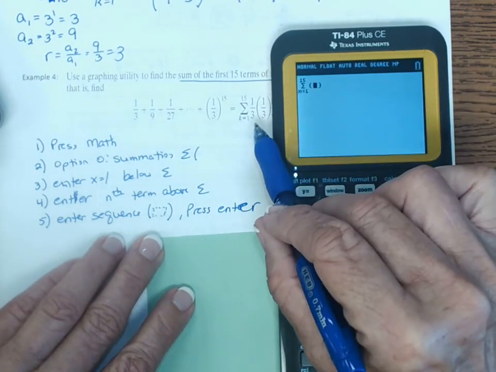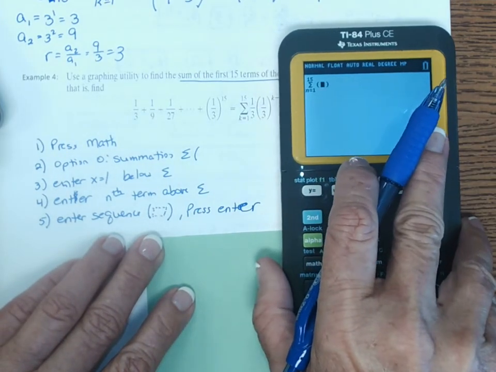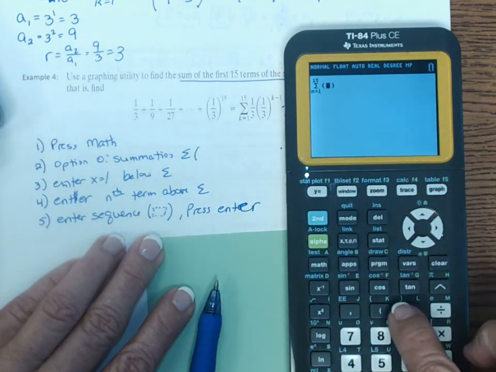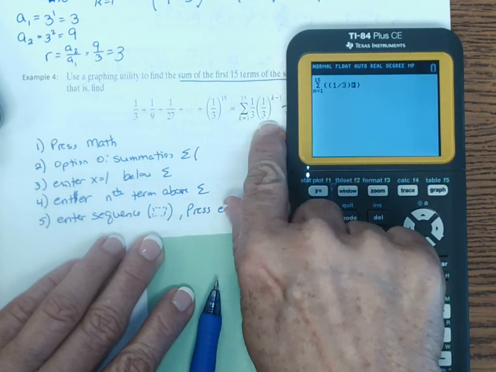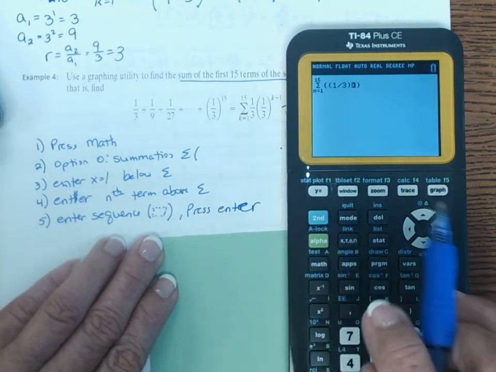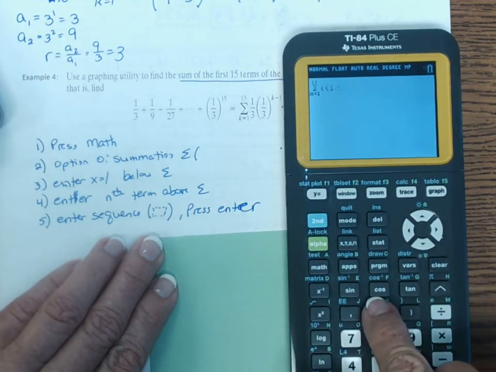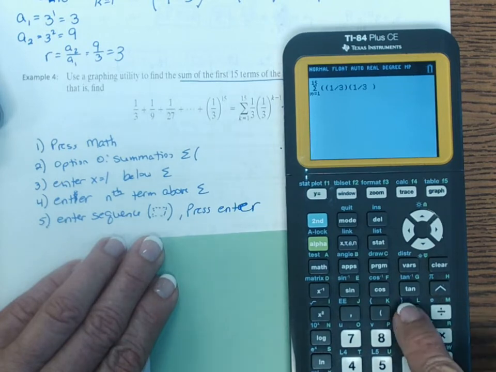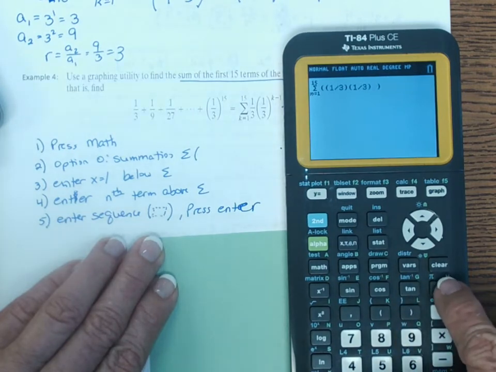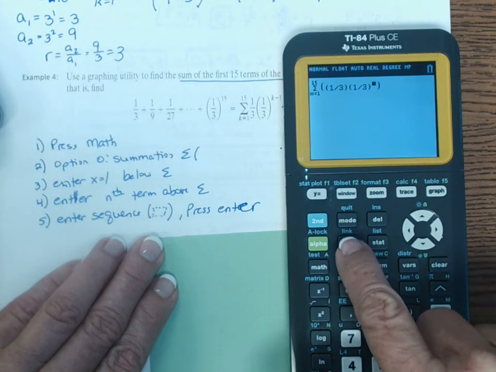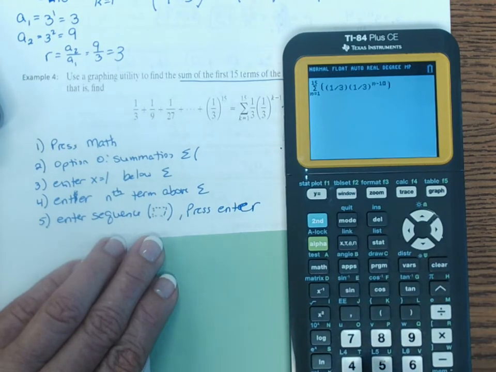And our sequence is 1/3 times 1/3 to the k minus 1. So parentheses 1 divided by 3, that's the first 1/3. And that's my initial term, multiplied by another parentheses 1 divided by 3, raised to the power, so the little caret symbol, of n minus 1.